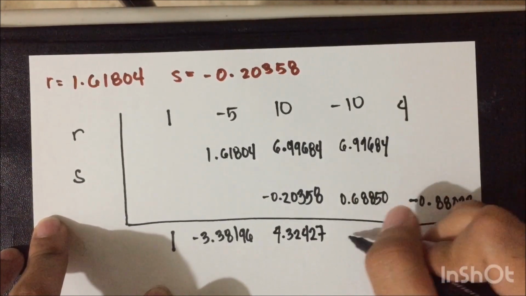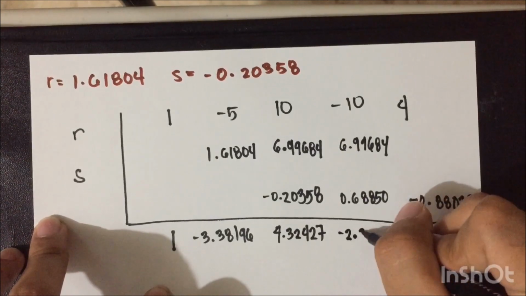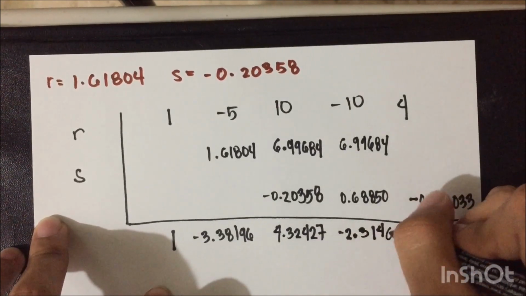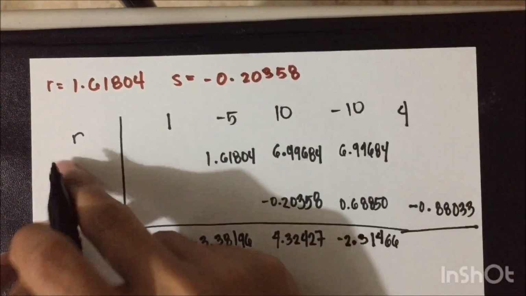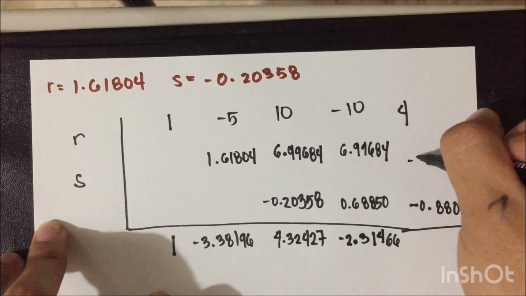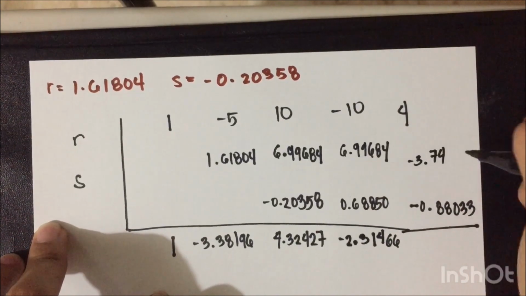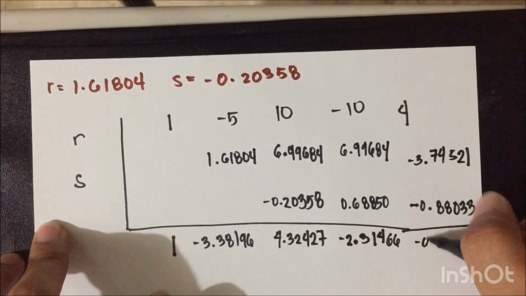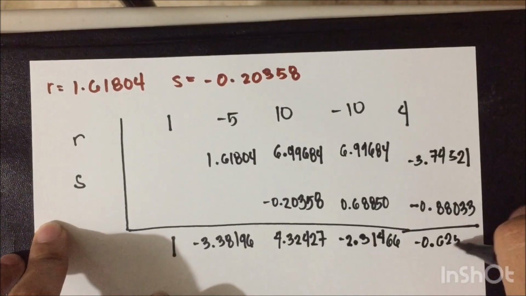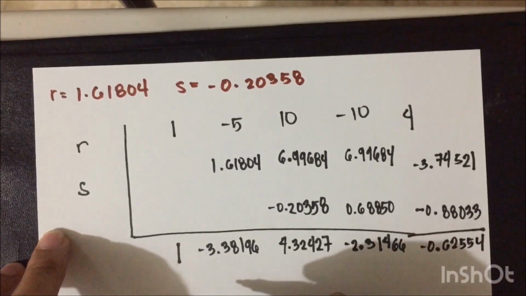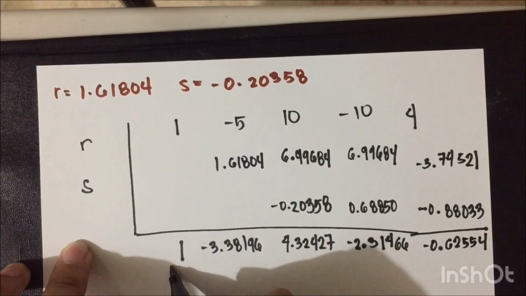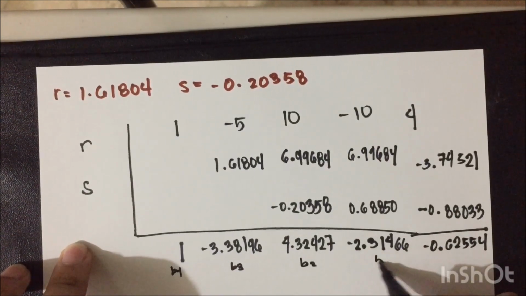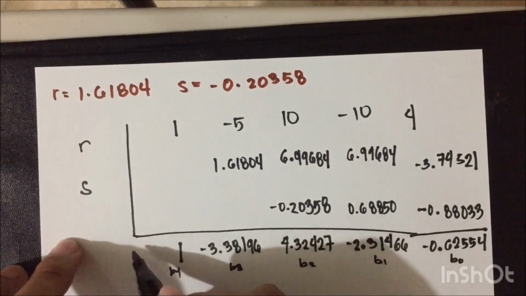Sum neto, right, negative 2.31466 times the value of R, lastly, should be negative 3.74521. Then the sum be negative 0.62554. And then again, we label this as B4, B3, B sub 2, B sub 1, and B sub 0.